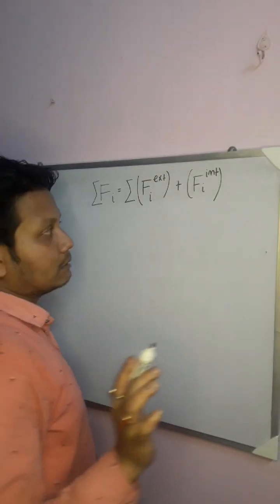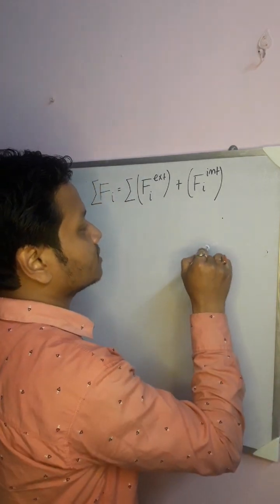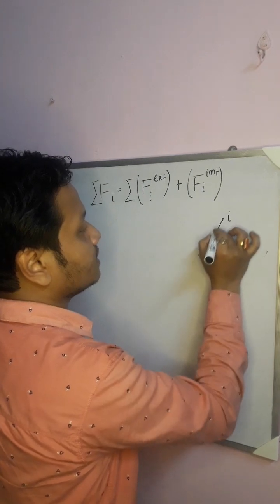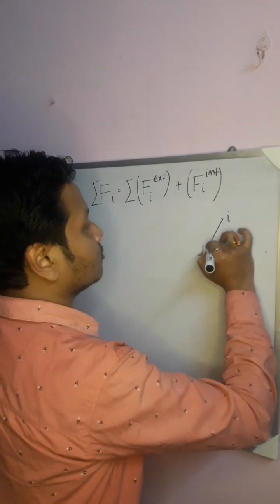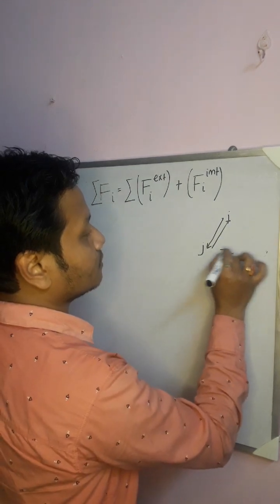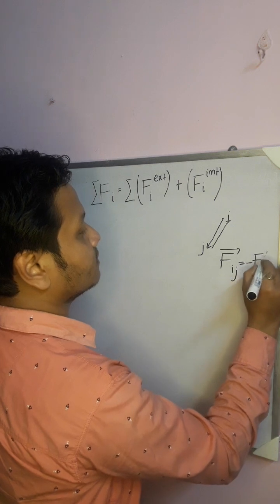Now we all know from Newton's law that internal forces cancel each other. Say this is one particle I and this is another particle J. If I exerts a force on J, then J will also exert an equal and opposite force on I. That means F_ij is always minus F_ji.